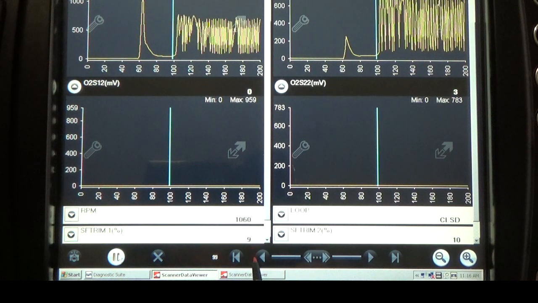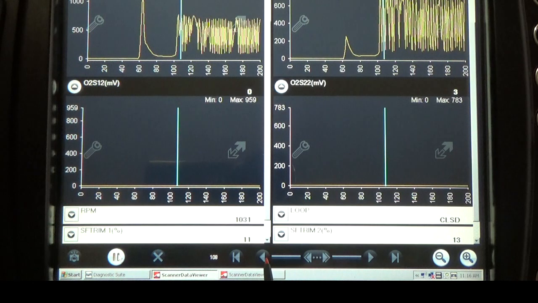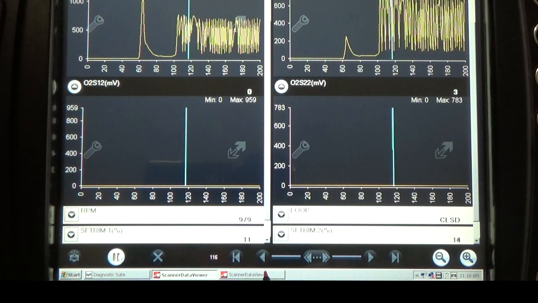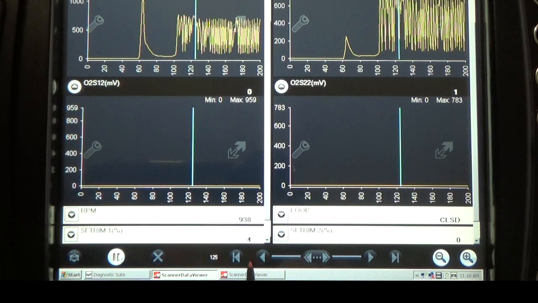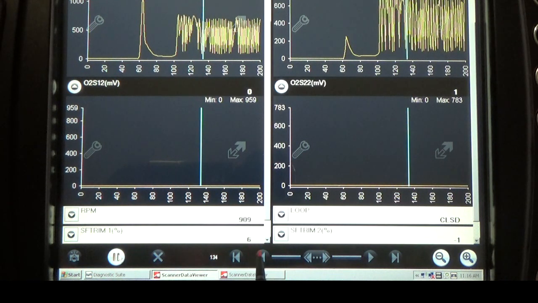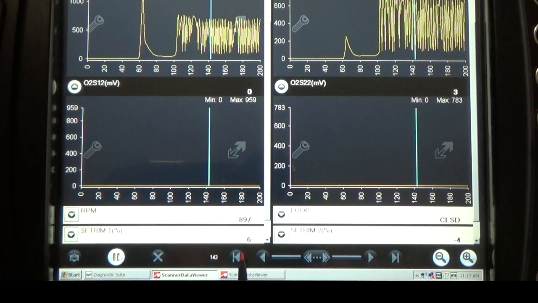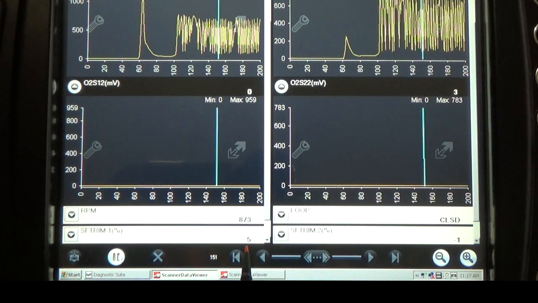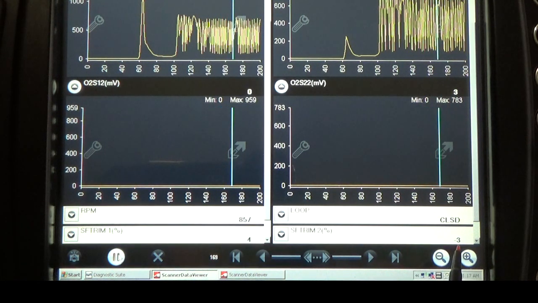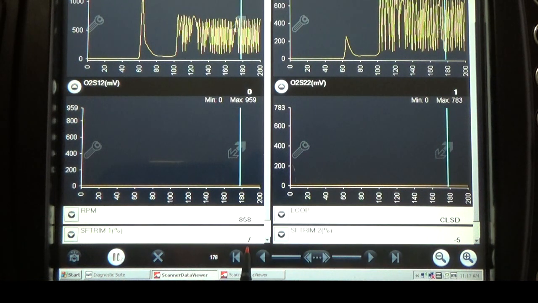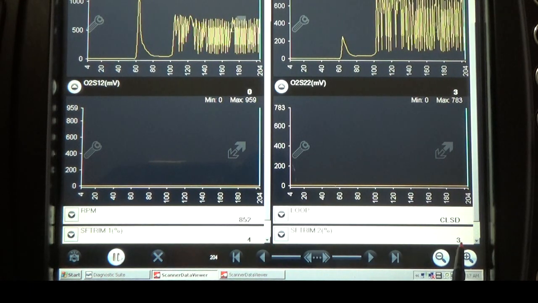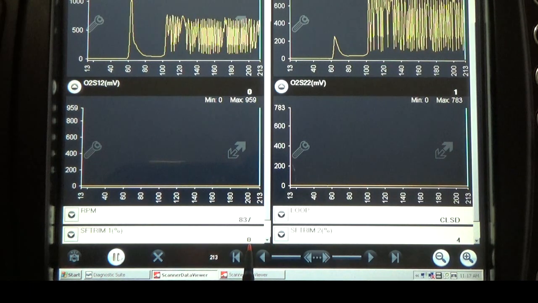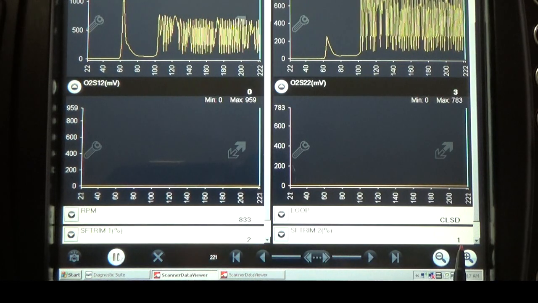Look at the fuel trim numbers now. You see minus 8, minus 9. You see minus 3. The computer is taking fuel away this time. Adding and taking fuel away. This is normal. This is what it's supposed to be.